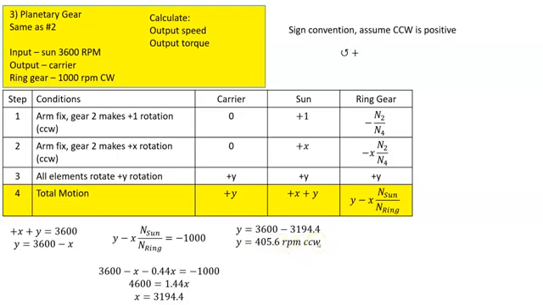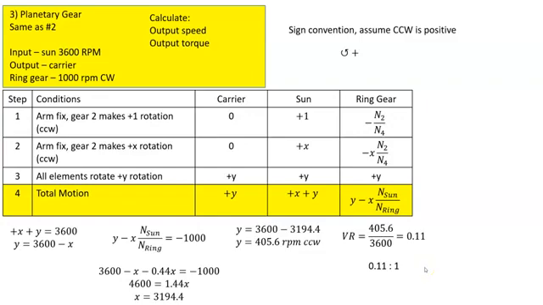So it's still going in the positive direction, counterclockwise. What we can see is that the motion of the ring, opposing it, has slowed it down pretty dramatically. Let's figure out the velocity ratio. It's the output versus the input, or 0.11, so you're actually stepping down in your RPM.